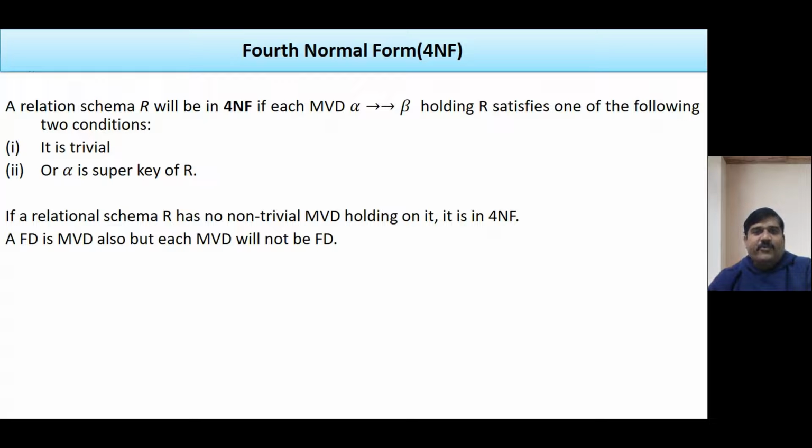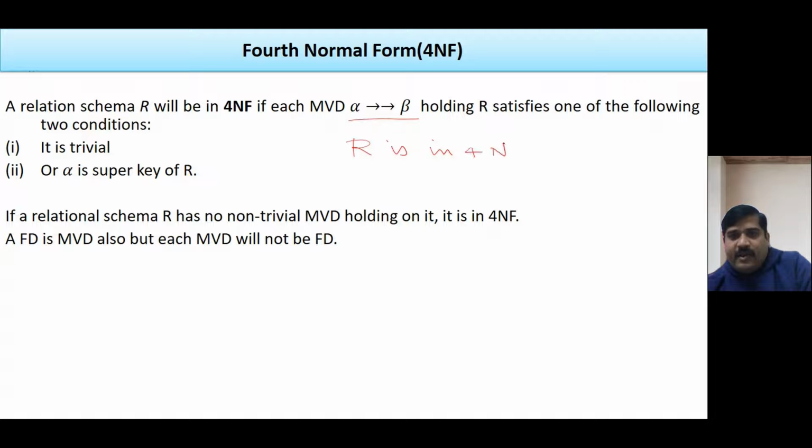Now see the definition of fourth normal form. A relation R is in fourth normal form if it is in BCNF, obviously, and there are two conditions. First, if there are multi-value dependencies, alpha multi-value determines beta, and it is trivial, and second, if alpha is a super key of R, then only we say that R is in fourth normal form.